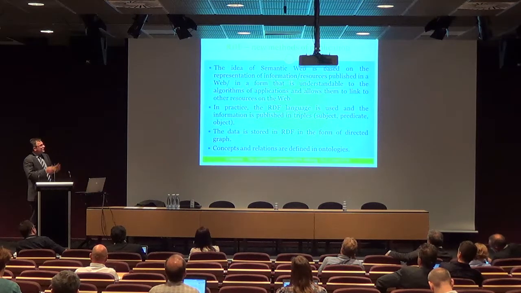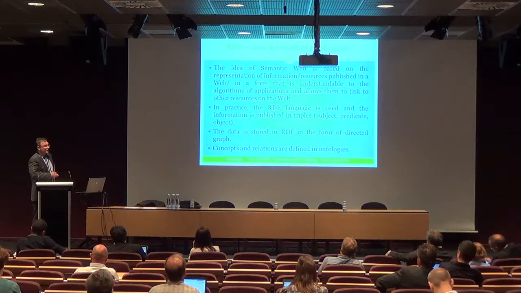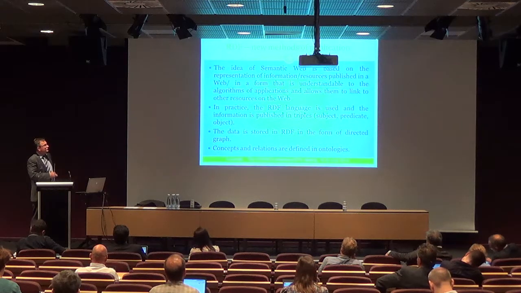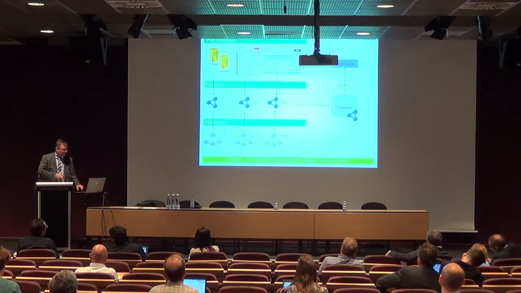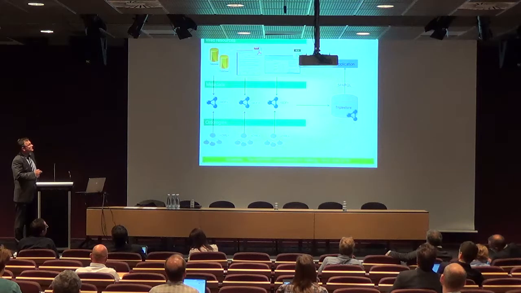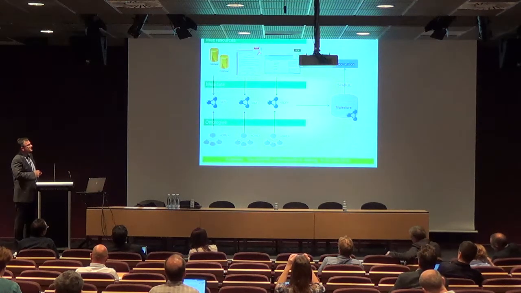So maybe I skip the slides because of the time, but RDF is quite common, and allows us to publish information in triples: subject, predicate, object. So if you look at the architecture of such a solution, we can see web resources which are published on the web, but for all of these resources we can create metadata expressed in triples.